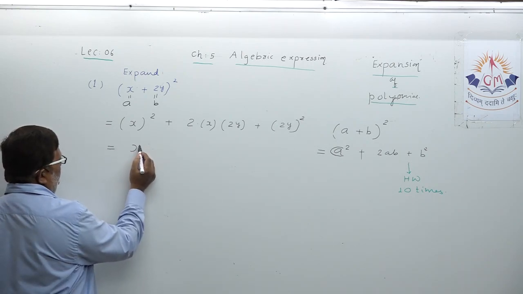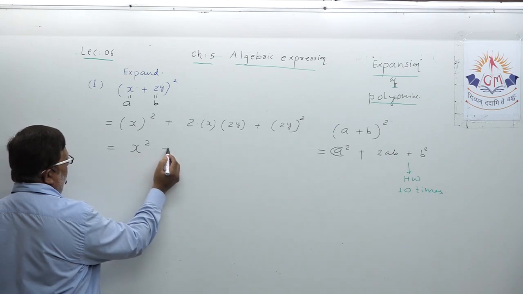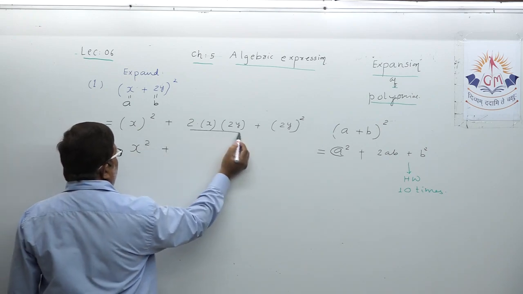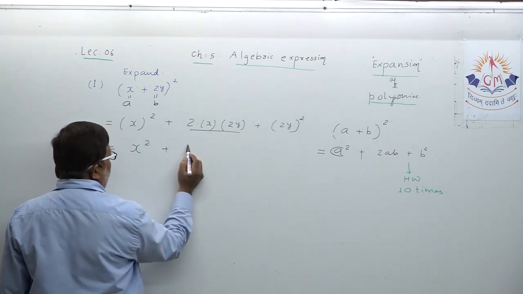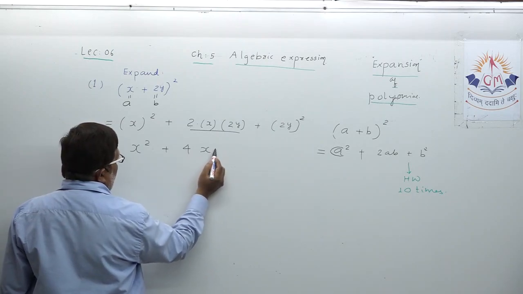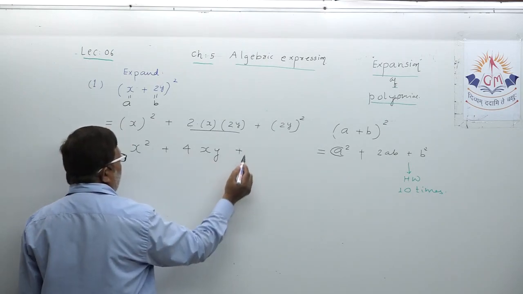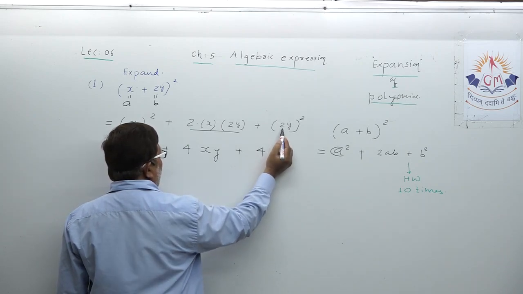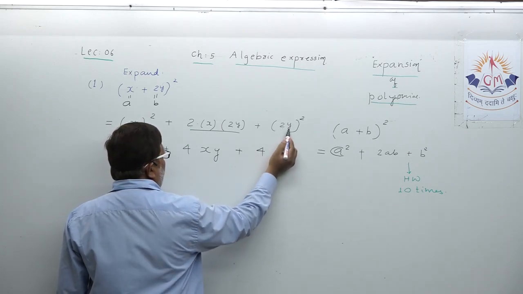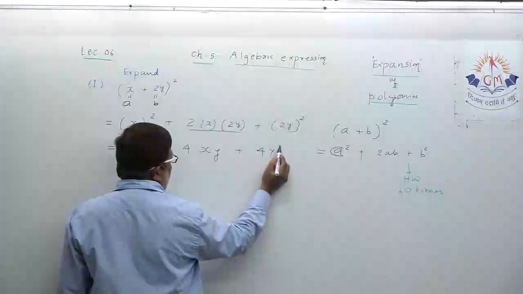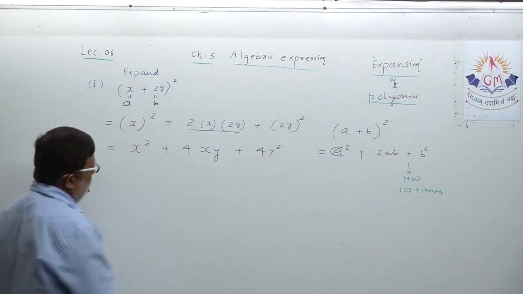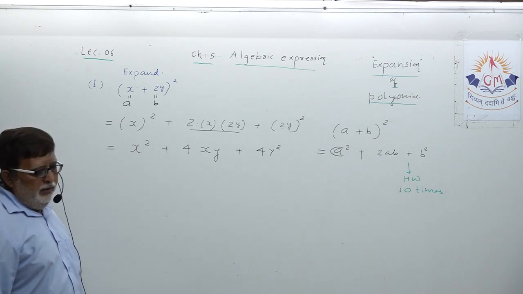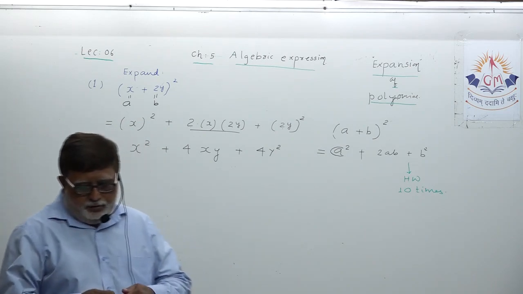Now let us solve. X square plus, you will multiply all three terms, 2 2s are 4xy, plus 2y square, square of 2 is 4 and square of y means y square. So this is the final answer of expansion of this.